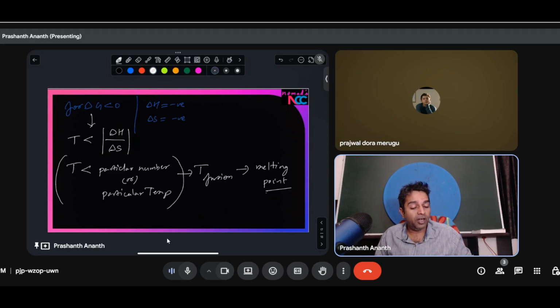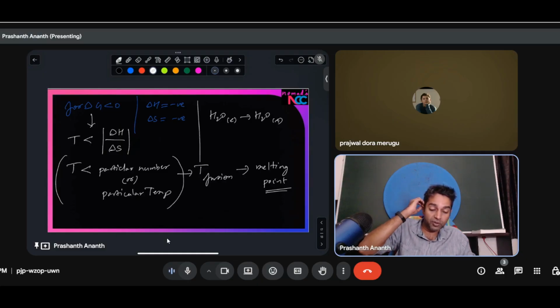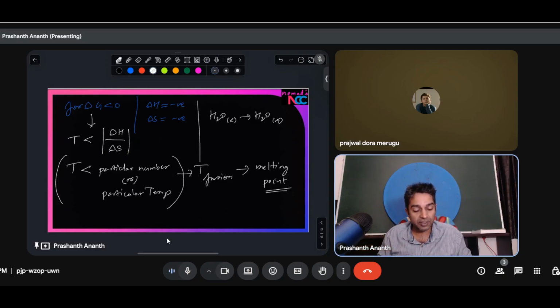So if I consider the process of water liquid becoming water solid, what do we get from the analysis over here? We end up getting that if delta G should be less than 0, that translates into a condition wherein I should have temperature being below a particular given value for this reaction to happen. What is that given value?